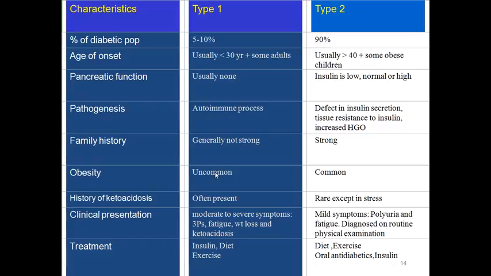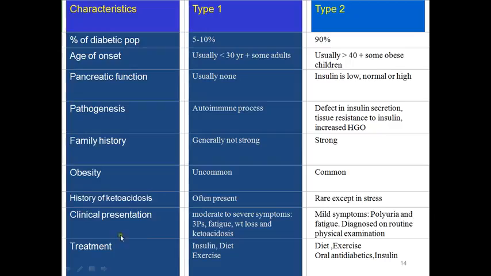In type 2, this is rare except in stress or at the end when the type 2 reaches the burnout stage, when the pancreas is completely burned out. That is the point when type 2 patients also start having ketoacidosis. So in older age groups of type 2, we see ketoacidosis very commonly.